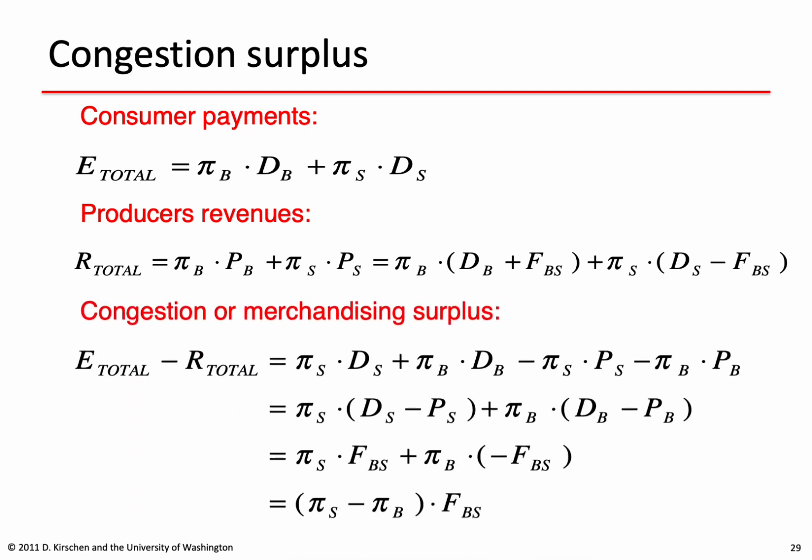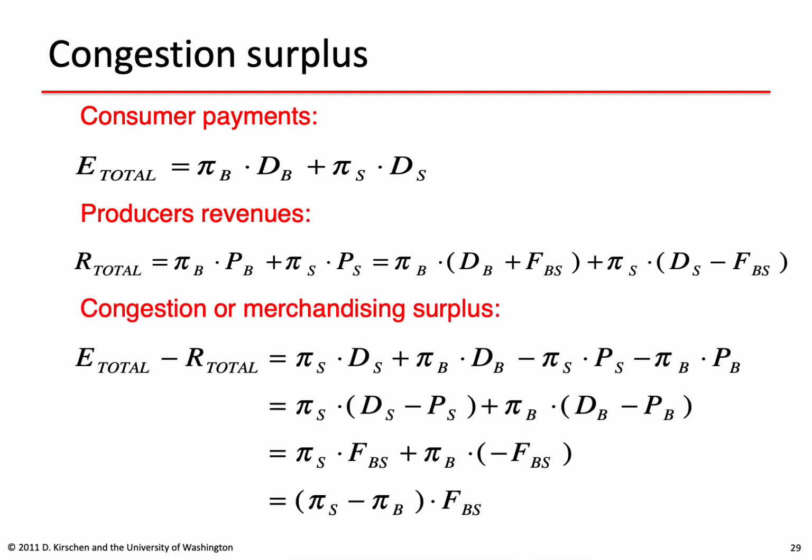So congestion, sometimes called merchandising surplus, is this E total, what the consumers pay, minus R total, what the generators get.